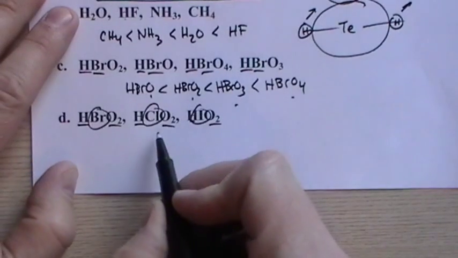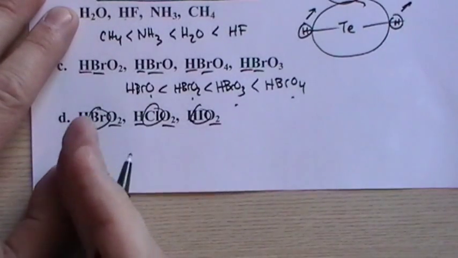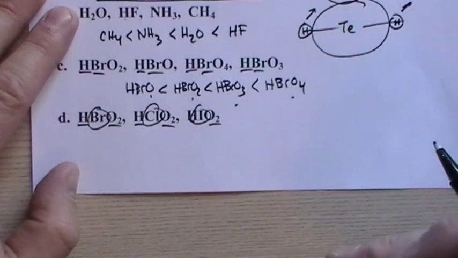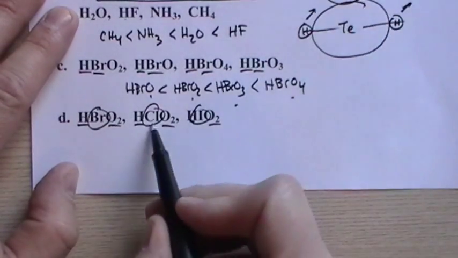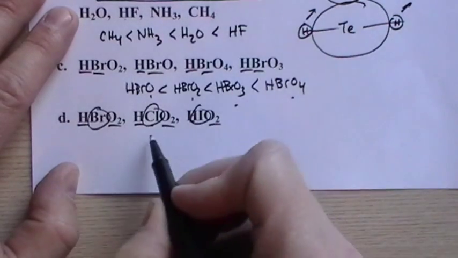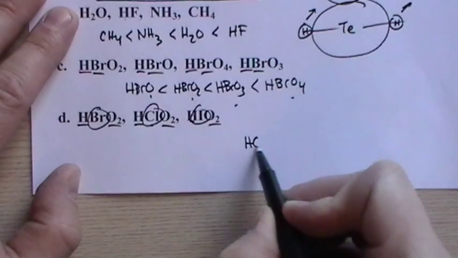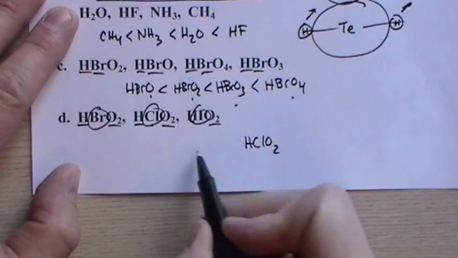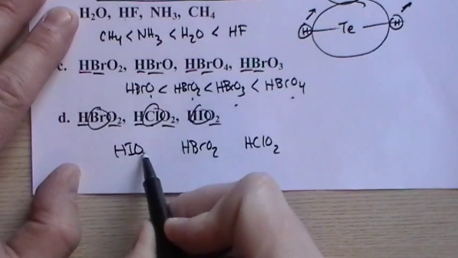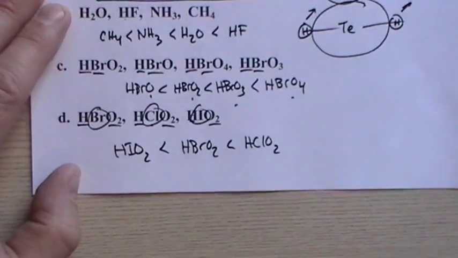So the electronegativity increases as we go from left to right, and then goes from bottom to top. They're all in the same group, so the chlorine is the highest up there. This is going to have the highest electronegativity, and so it's going to be the strongest. So that's how we set them up.